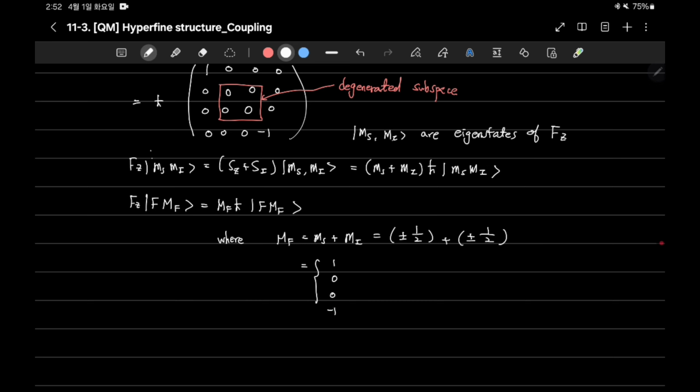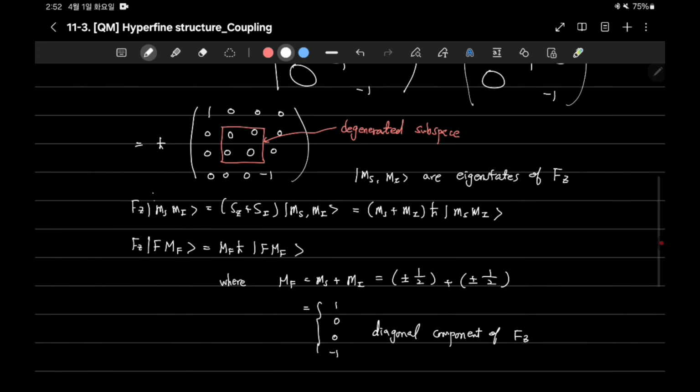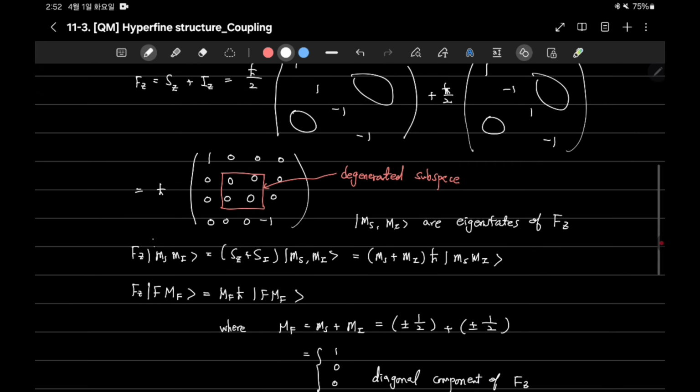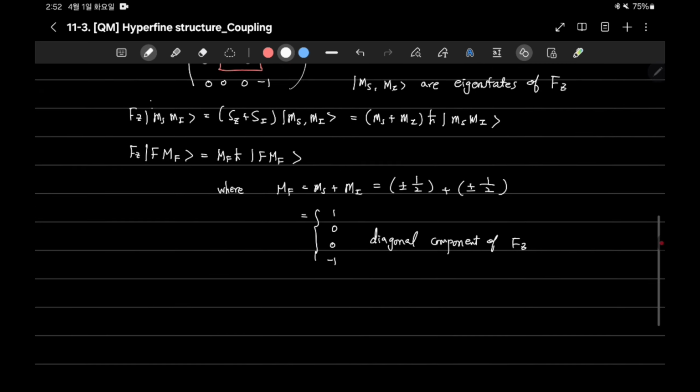This is the diagonal component of Fz. We already calculated the Fz matrix, with diagonal terms 1, 0, 0, minus 1, a combination of the electronic spin and the isospin.